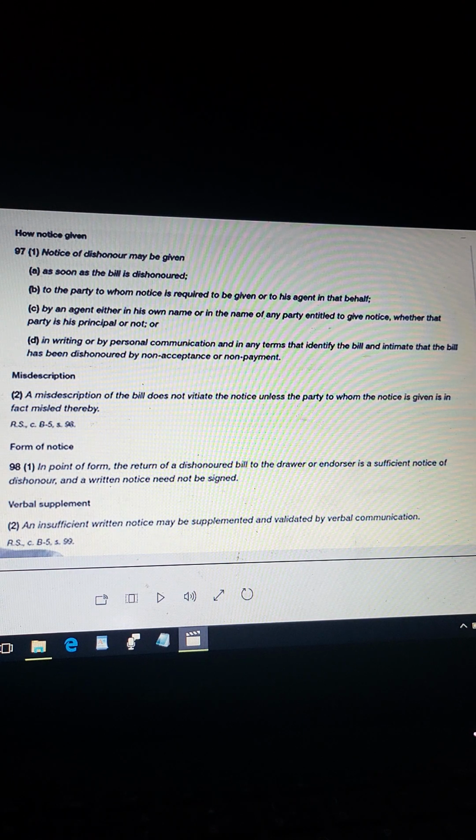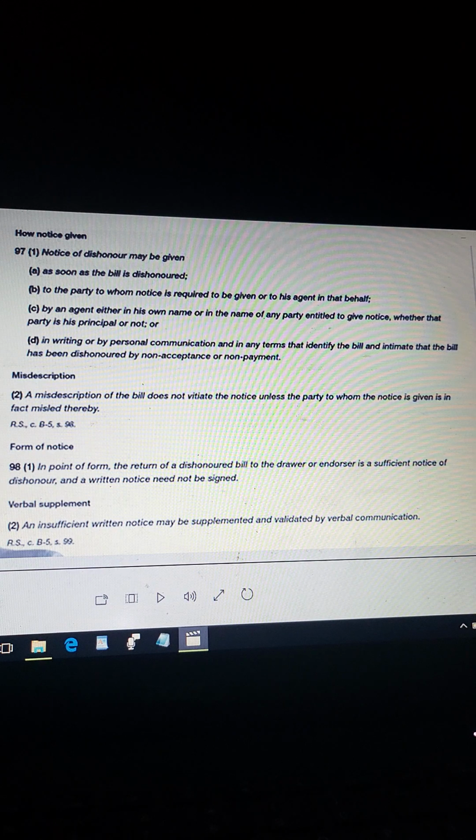Misdescription. 2. A misdescription of the bill does not vitiate the notice unless the party to whom the notice is given is in fact misled thereby. Form of notice, 98. 1.